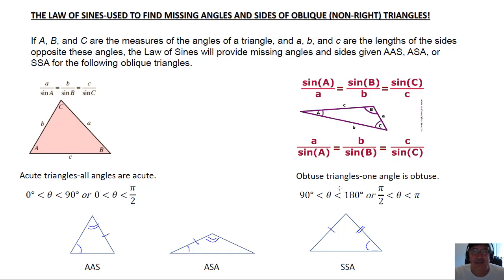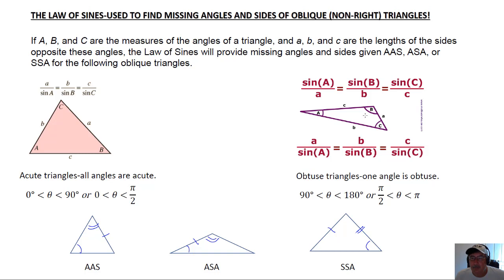All right, so the two types of triangles we're going to look at here are acute triangles, which are non-right or oblique triangles. In these, all angles are acute, so angles A, B, and C are all between 0 and 90 degrees, or 0 and pi over 2 radians.